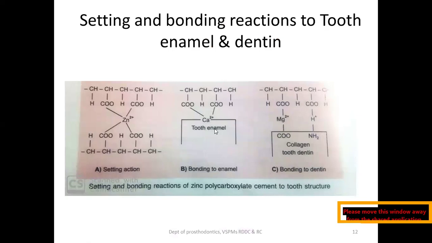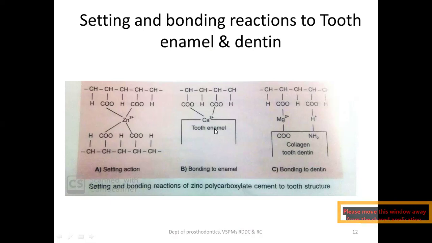Once the mix is complete and you are condensing it into the cavity, how does the bonding occur? When the mix is placed on the tooth enamel, which, as we all know, is high in inorganic content and contains calcium ions, chemical bonding takes place by forming calcium polyacrylate through the carboxylate groups which are not involved in the setting reaction.